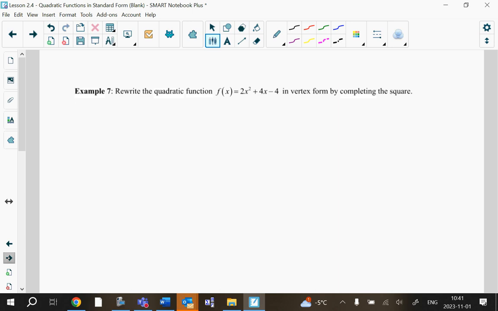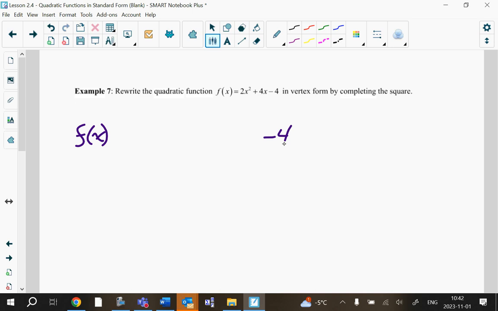f of x. Remember, take the number in the original and toss it off to the right. It's not part of completing the square. Now, I want x squared, so I've got to divide out a 2, don't I?